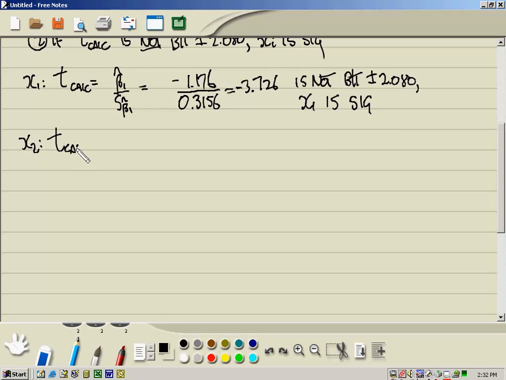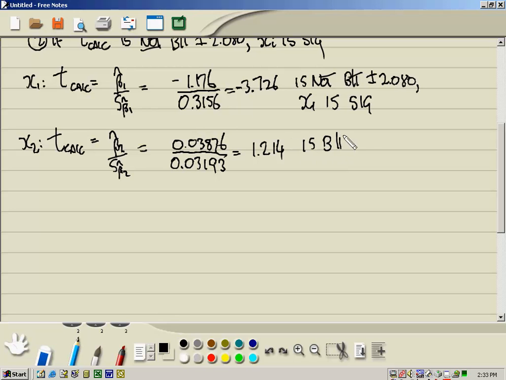x2: t-calc is beta hat 2 divided by s beta hat 2, and beta hat 2 is 0.03876 divided by standard error of 0.03193, and that works out to be positive 1.214, and that clearly is between plus or minus 2.080.